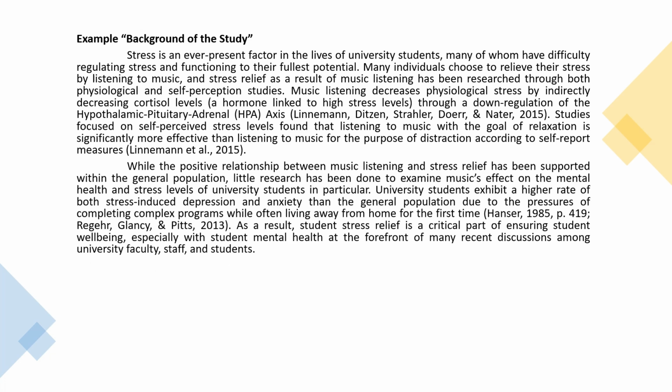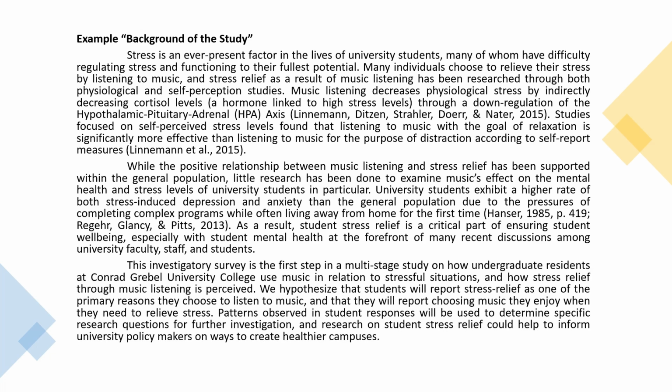In the second paragraph, you now establish the niche by identifying research gaps from previous literature, where you also cite literature. And finally, you now occupy the niche by stating your purpose, and you can also state the methods as well as the significance of your research.